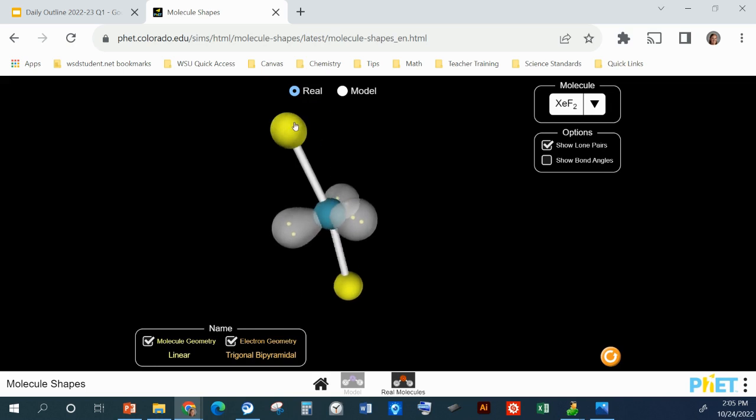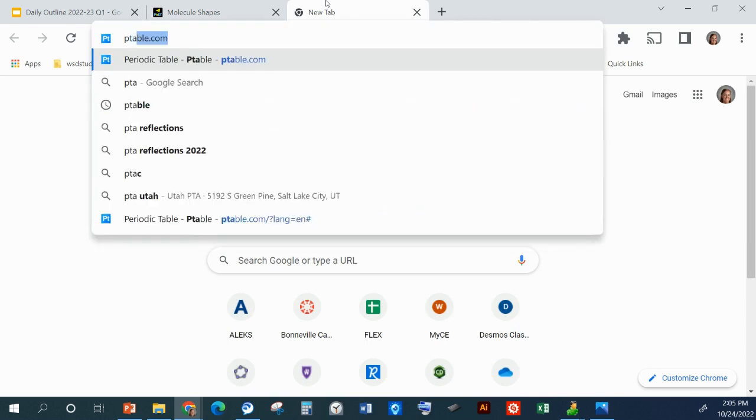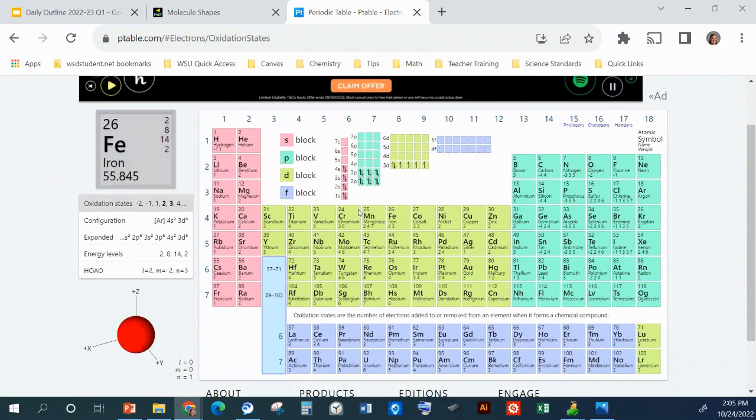Electrons are like waves. Let's do this: if you pull up the periodic table and look at electrons and click on something like iron, this shows you the most likely place for those electrons in the 3D orbital.